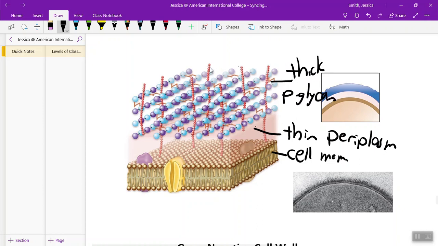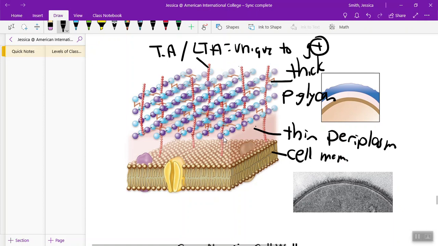And these little red rope-like things are the teichoic acids and the lipoteichoic acids, which are unique to gram-positive bacteria. And once again, the best way to learn this is by drawing it. It helps you to memorize it.